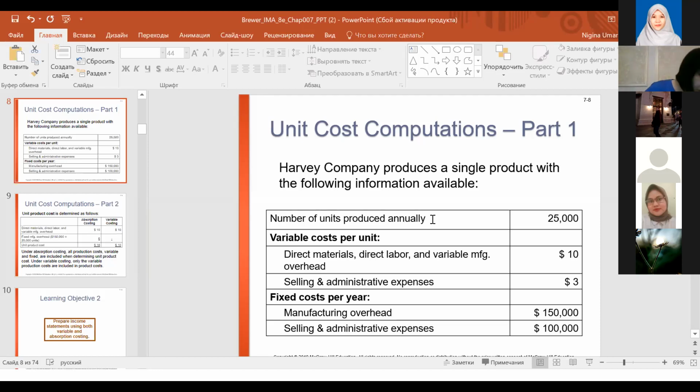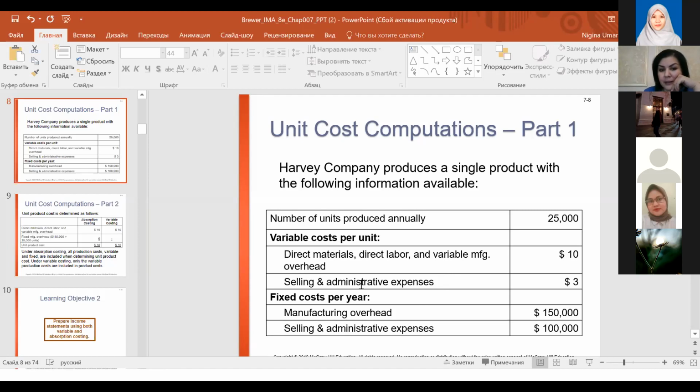Direct materials, direct labor, and variable manufacturing overhead make up a total of $10 variable cost per unit.